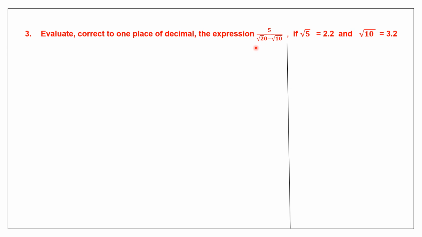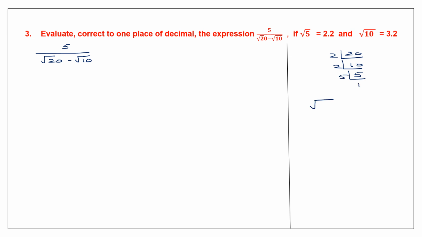So that's the first step. We're going to simplify that. Let's write down the question first. So 5 by root 20 minus root 10. So let's simplify 20. Let's find all the prime factors of 20. Now 2 tens are 20, 2 fives are 10, 5 ones are 5.